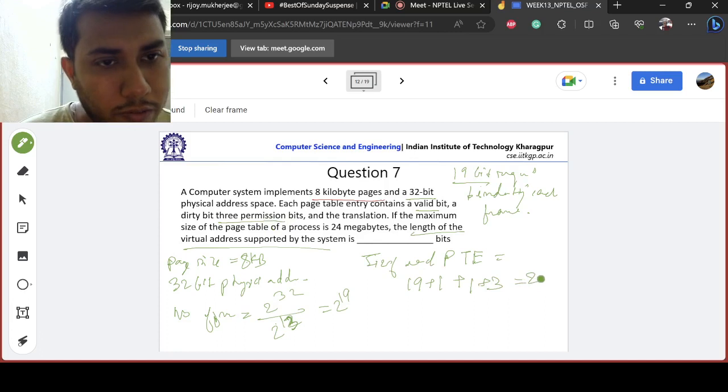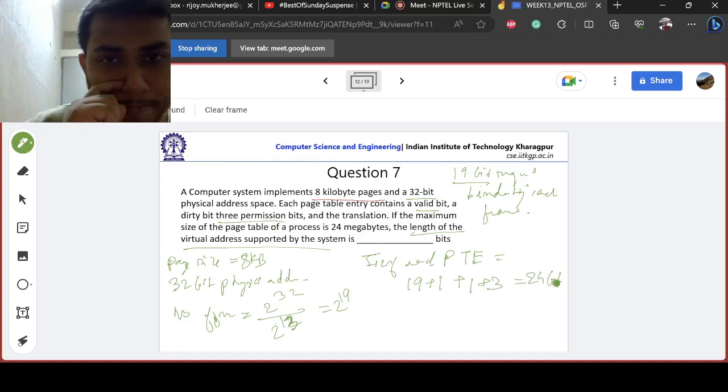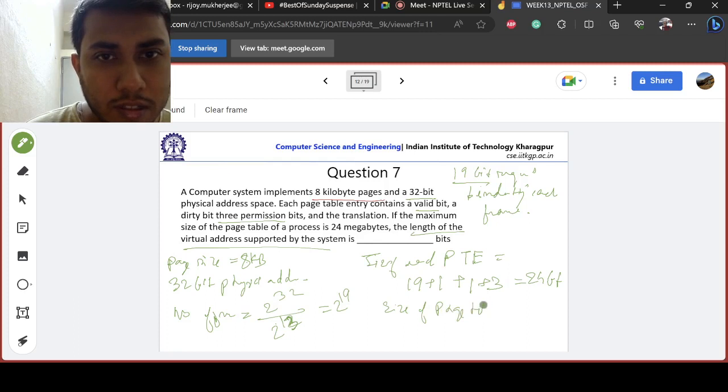So that will be 24 bits, the size of each PTE. Now the size of the page table is 24 MB.